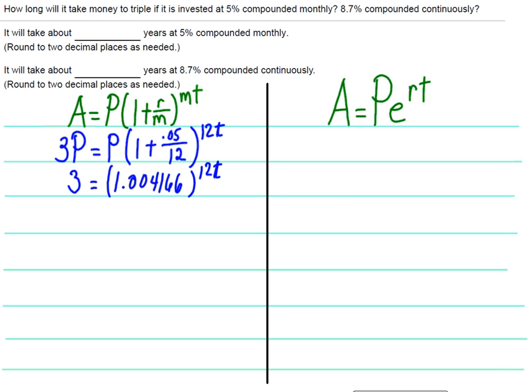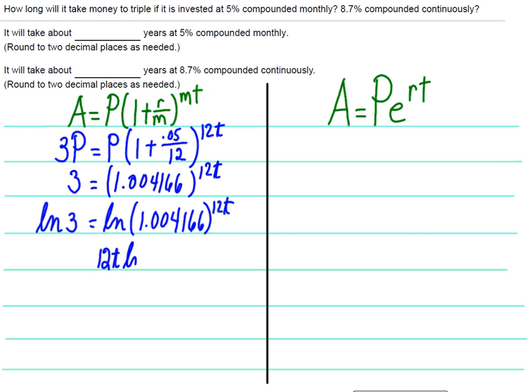Now, to make that t a large T, we need to take the natural log. And by taking the natural log, that will also allow us the opportunity to use the power rule. Remember, the power rule says that we now can take 12t and multiply it by the natural log.